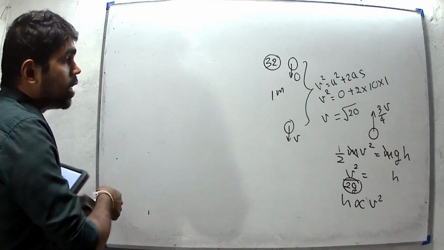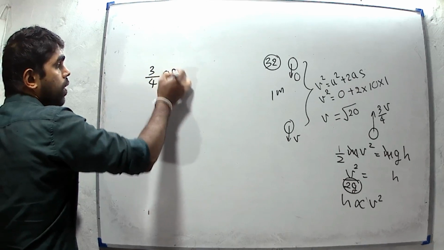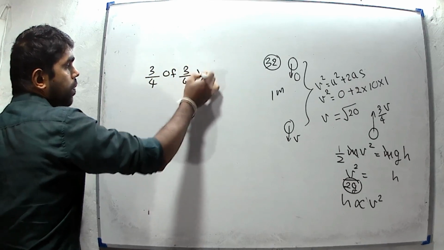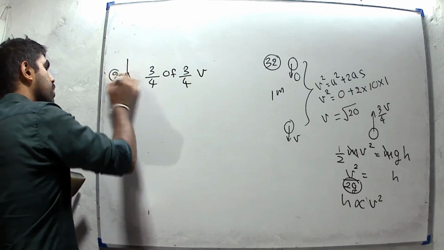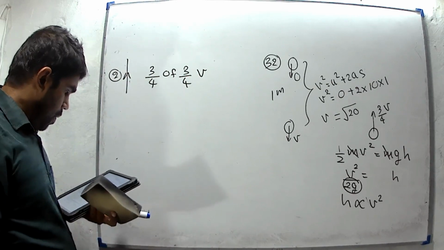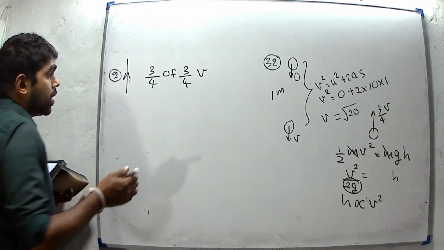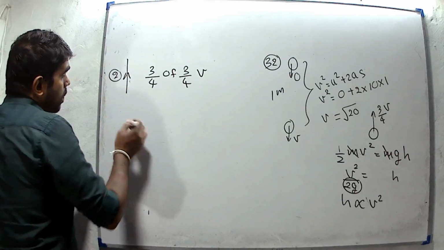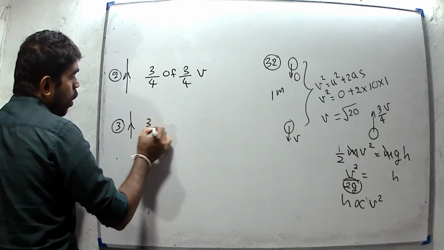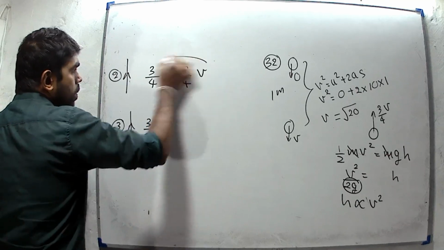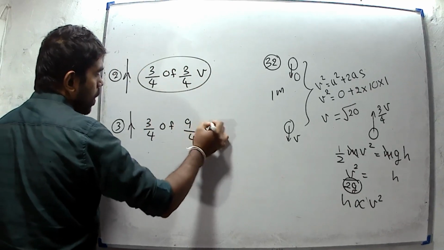Then the rebounding speed should be 3 over 4 of 3 over 4 v. It is the velocity for the second rebound. For the third rebound, the velocity should be 3 over 4 of the magnitude of this, 3 into 3, 9 over 16 v.